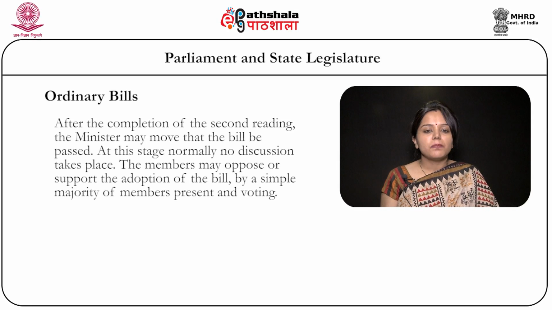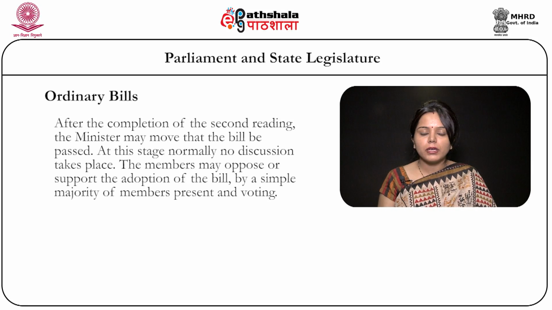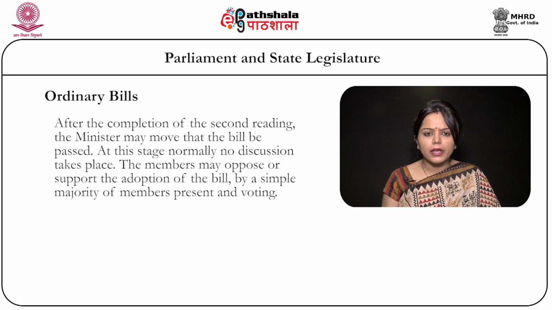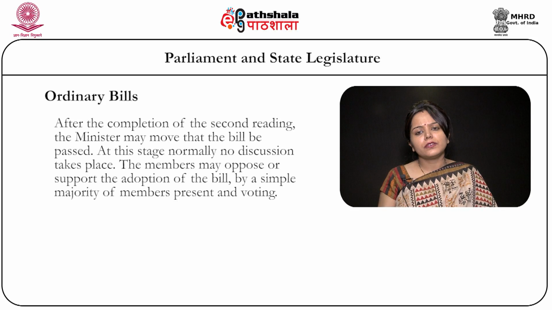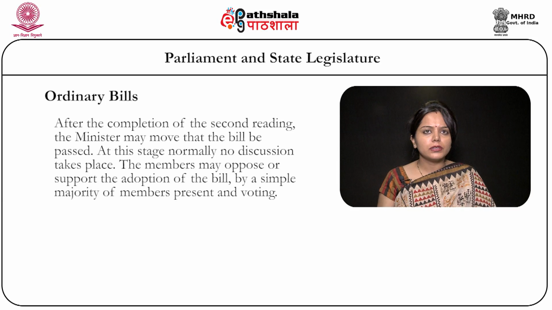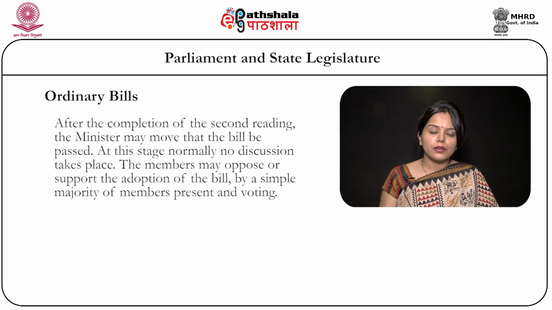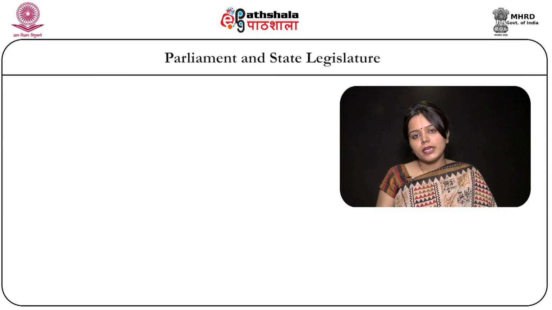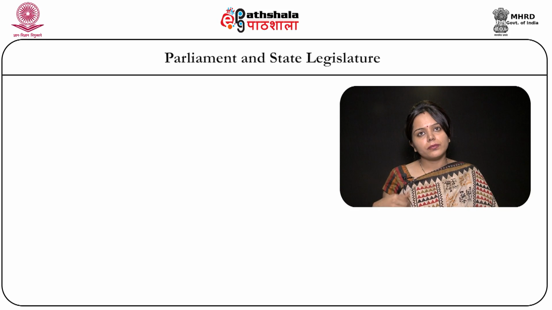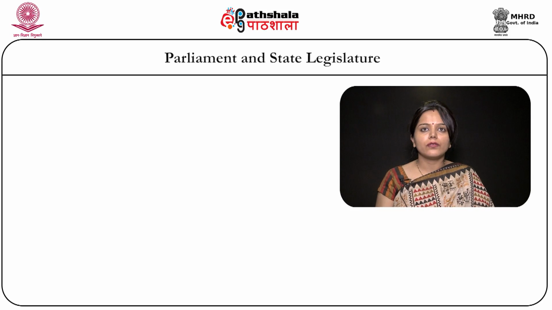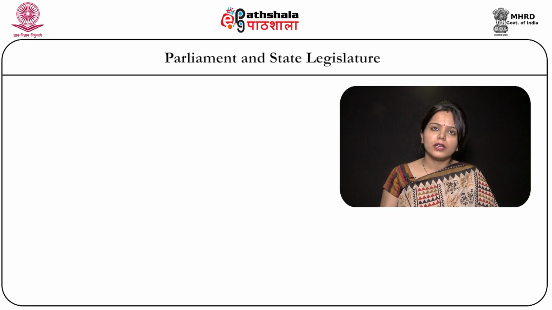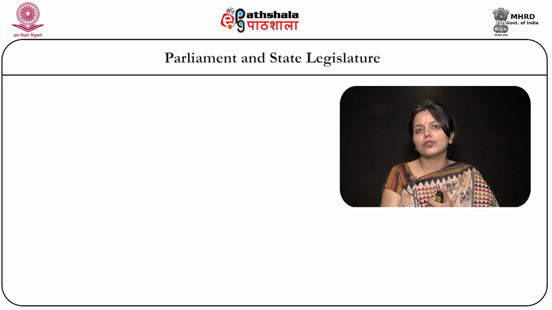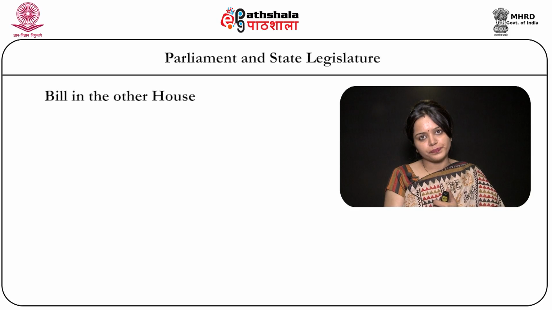Once the bill is passed, at this stage normally no discussion takes place, and the members may oppose or support the adoption of the bill by a simple majority of the members present and voting. So, in short, after passing through the three stages or three readings, the bill is passed by one house. Now, the question arises of the other house.